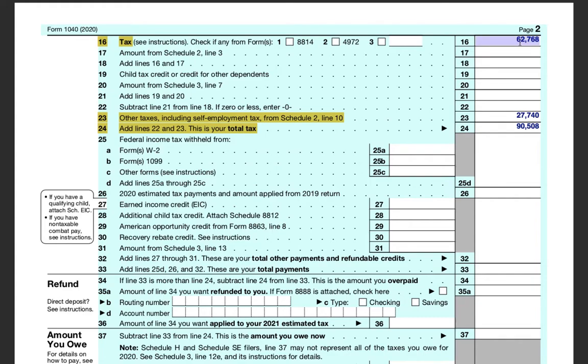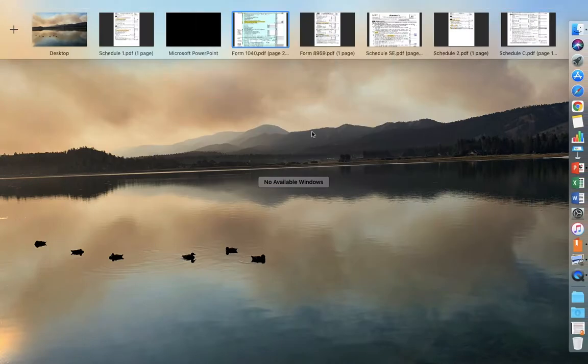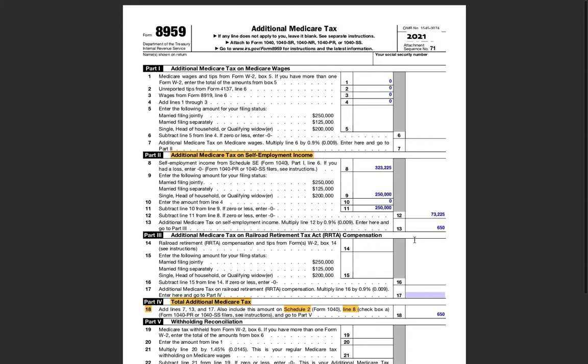However, you also have other tax. Well, this is the additional Medicare tax, right? We need to go back to Form 8959.